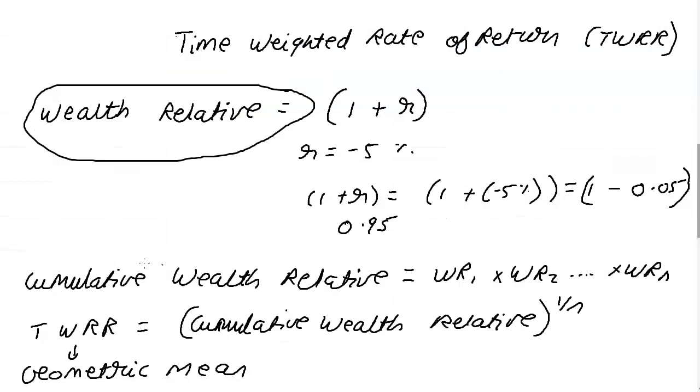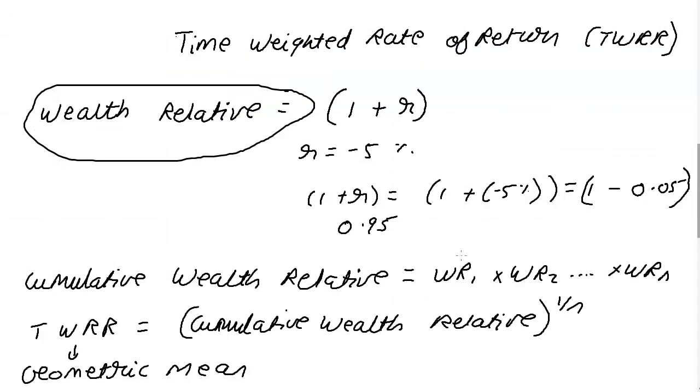Okay, so wherever it is a negative value, you get a wealth relative less than 1. Wherever it's a positive value, you get a wealth relative of more than 1. Okay, once we have all of this, we need to multiply them with each other to get cumulative wealth relative. Okay, so remember, that is our next step.